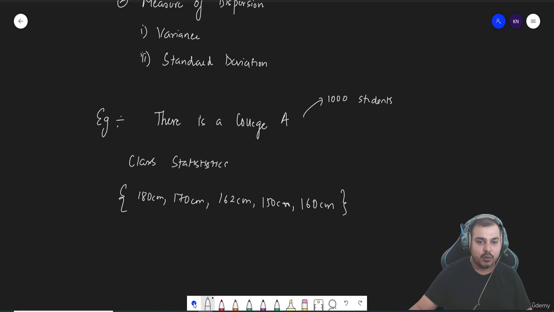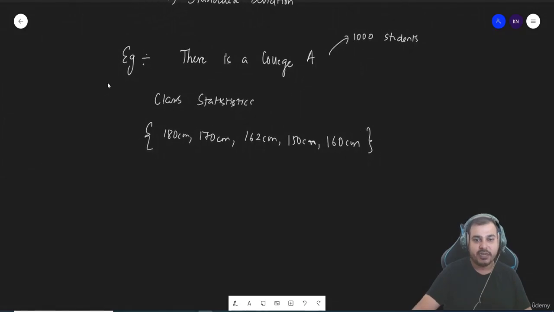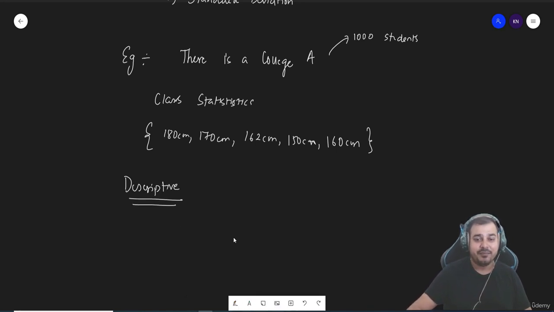Now, if I really want to make you understand how we will deal with descriptive and inferential statistics in this kind of problem statement, the first thing you need to understand is that in descriptive statistics, I may use measure of central tendency. Measure of central tendency basically means mean, median, mode.